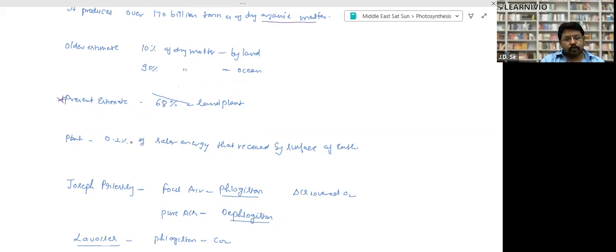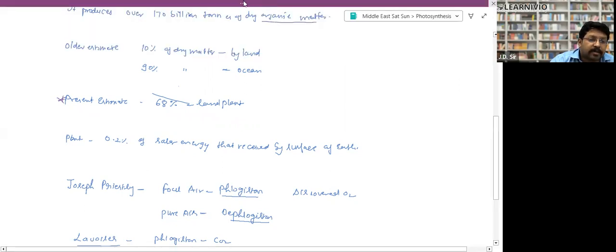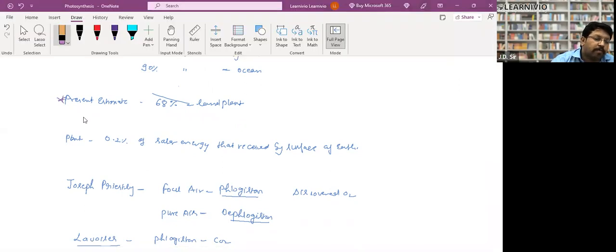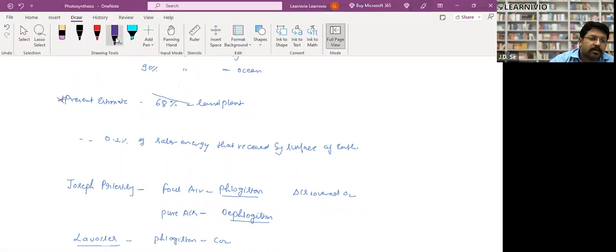Approximately 0.2% of the solar energy received by the Earth is utilized in photosynthesis. So only this 0.2% of the light is running the whole biosphere. It is running the whole basket, right?